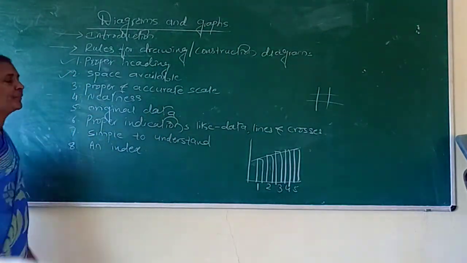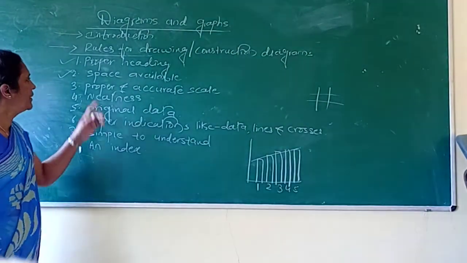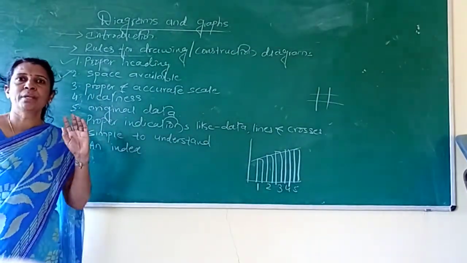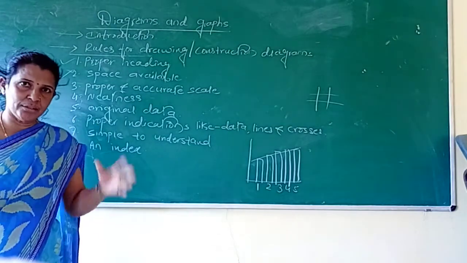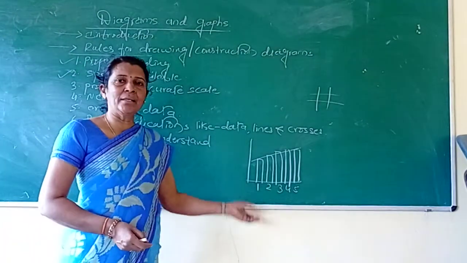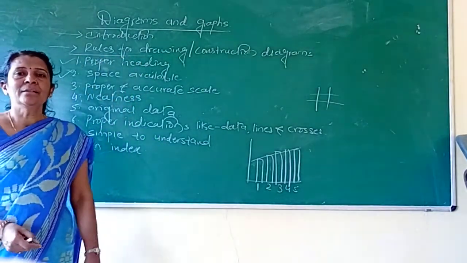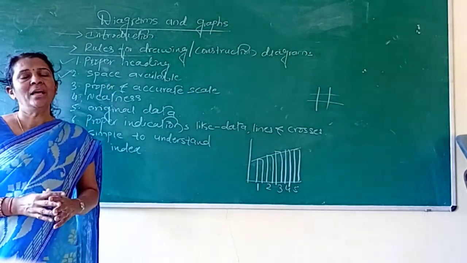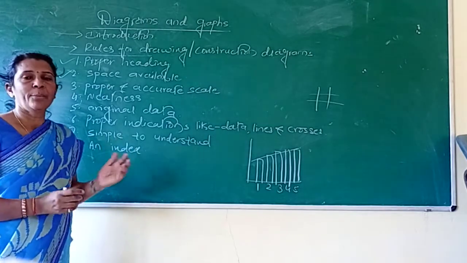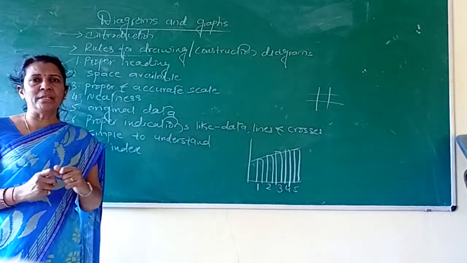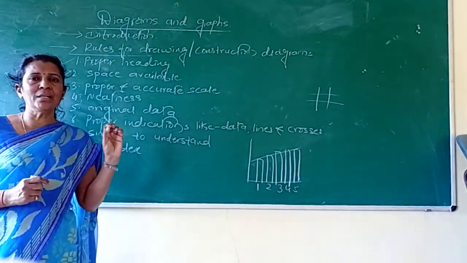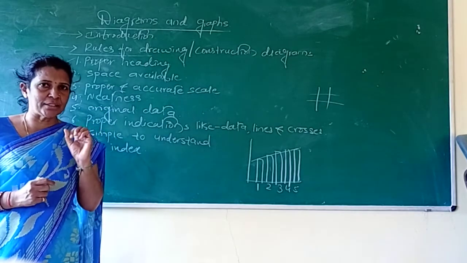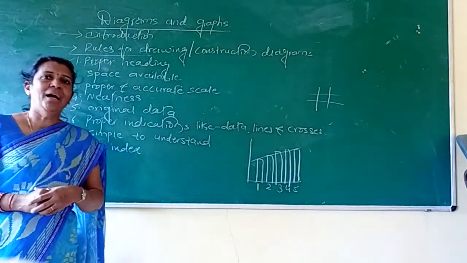Then the second one, space available. When you are drawing the diagram, see that your diagram is according to the size of your paper. If there is a big paper and you draw a small diagram in one corner, it is not at all attractive.